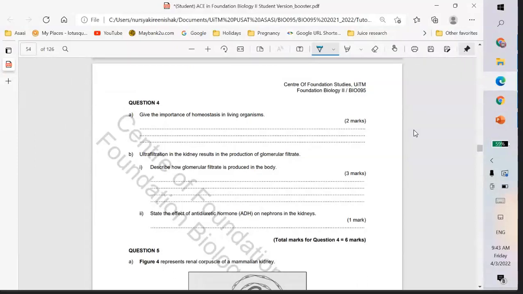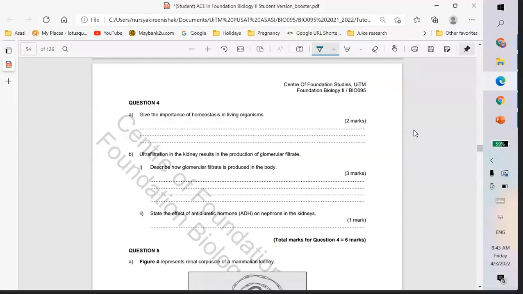Metabolic rate and enzyme are more or less the same point, because in order for metabolism to occur, it requires enzyme. It depends on the situation there. So maybe I could give you 1 mark because metabolic rate and enzyme are similar.